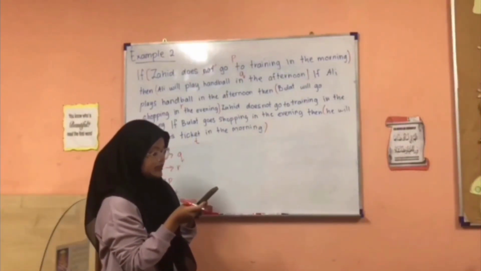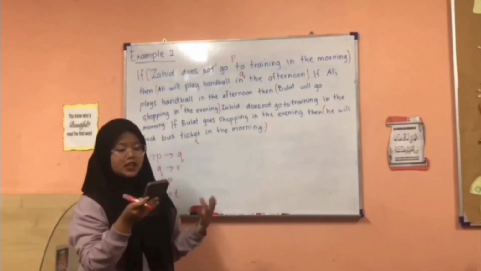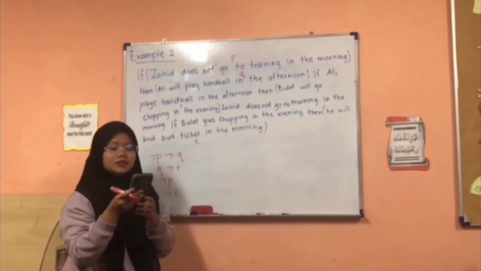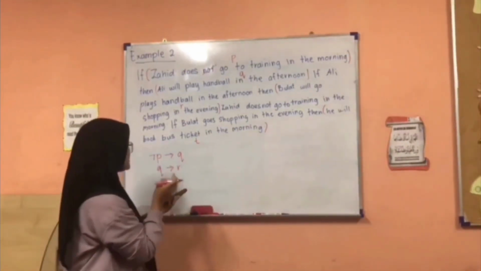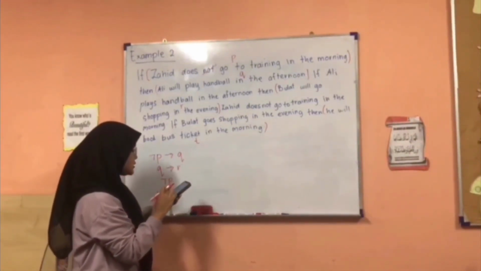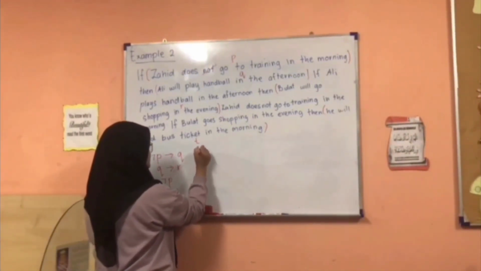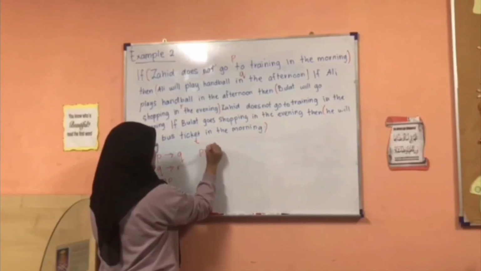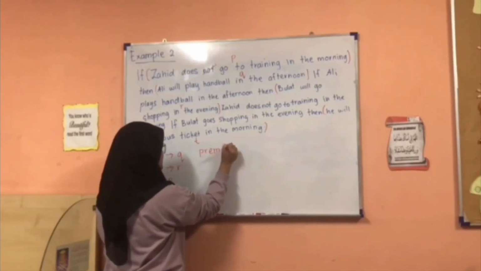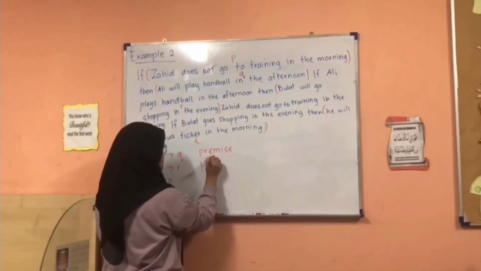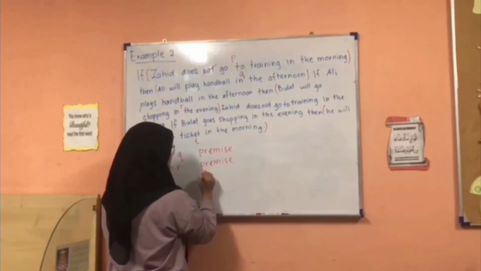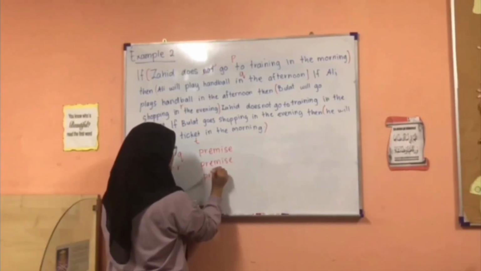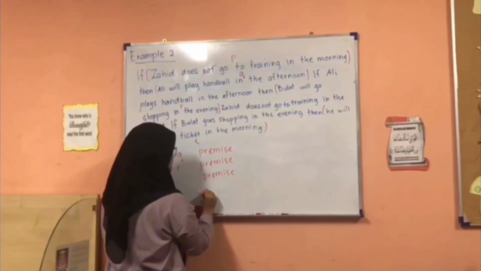The third question is, find the logical conclusion of the argument by using the rules of inference. So first, we can write these as premises. So this is premise 1, premise 2, premise 3, and premise 4.